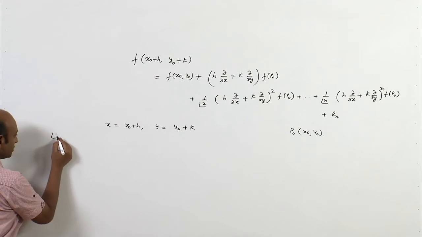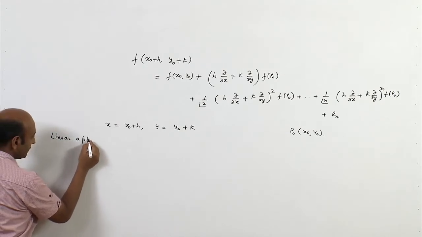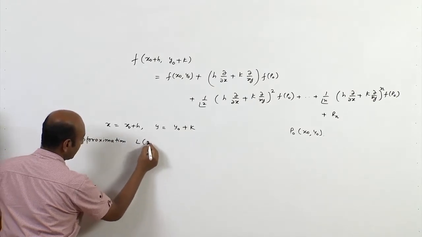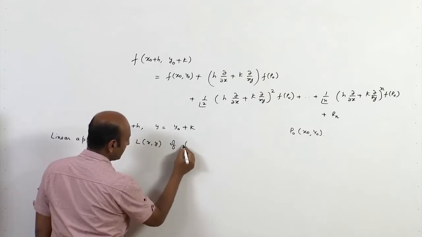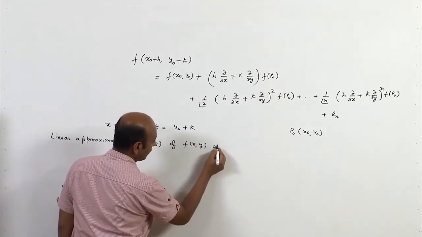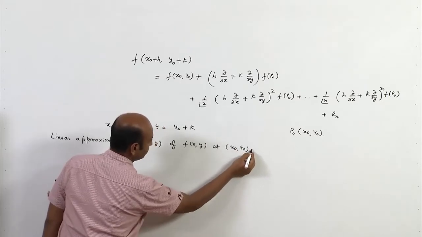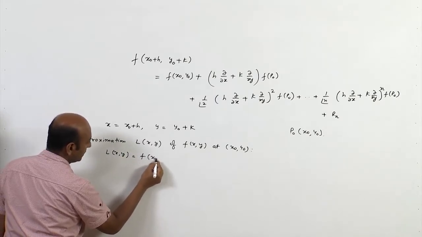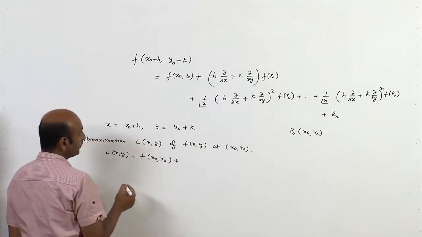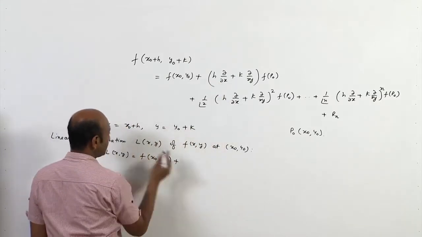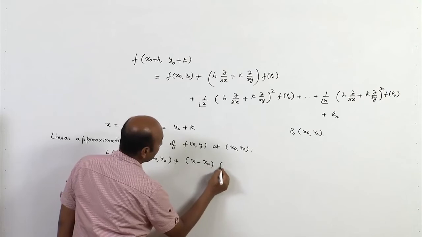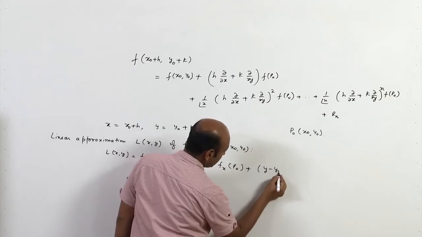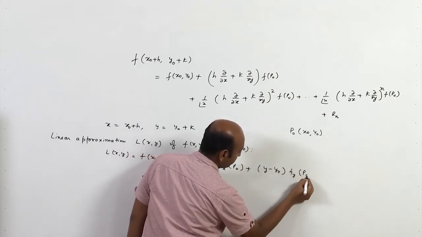So, what is a linear approximation? L x y of f x y at x naught y naught is simply f x naught y naught plus, this h will be x minus x naught, f x at p naught plus y minus y naught f y at p naught.